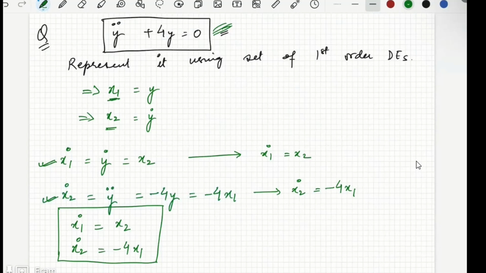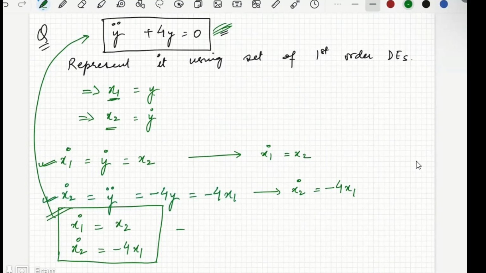So we have replaced y with x1 and y dot as x2, and using this change of variables we have found the first order differential equations that represent the same differential equation which was of order 2.